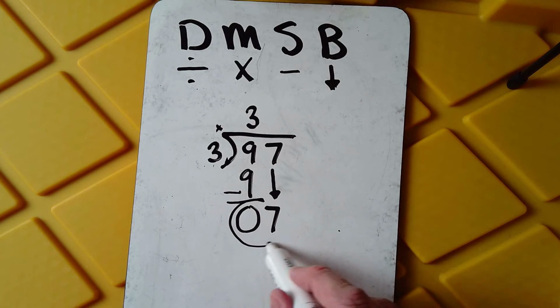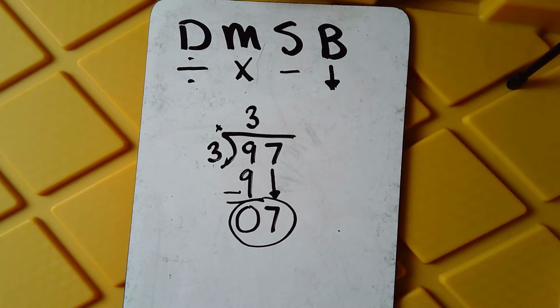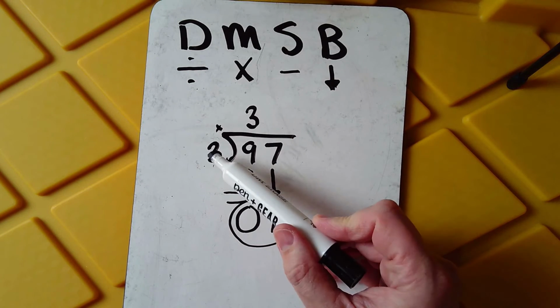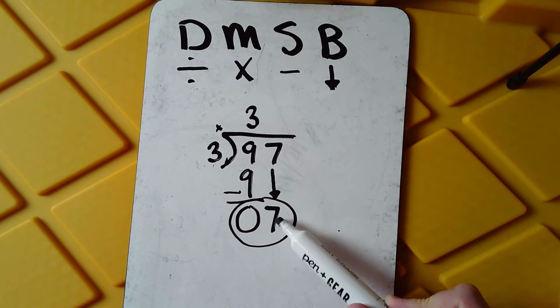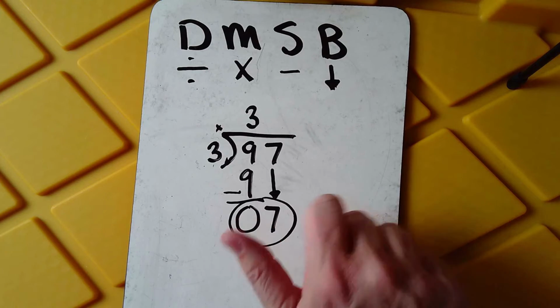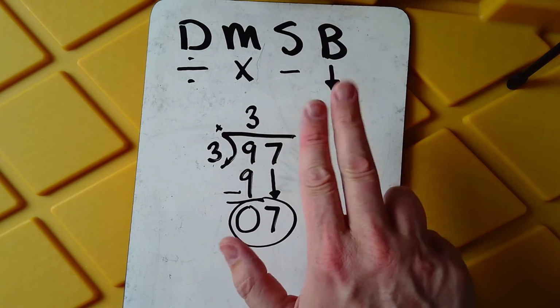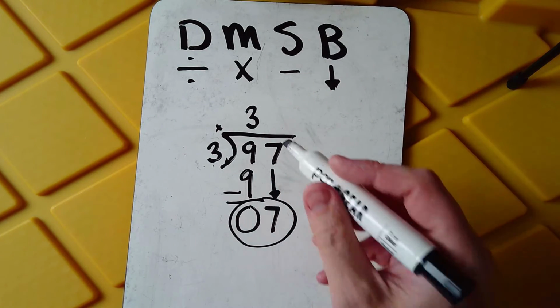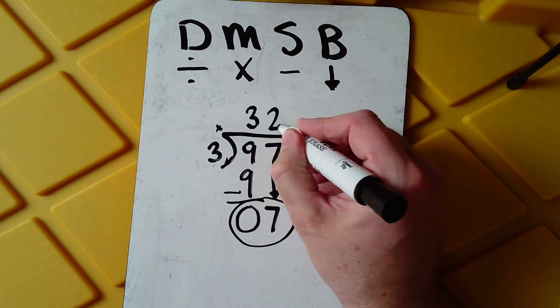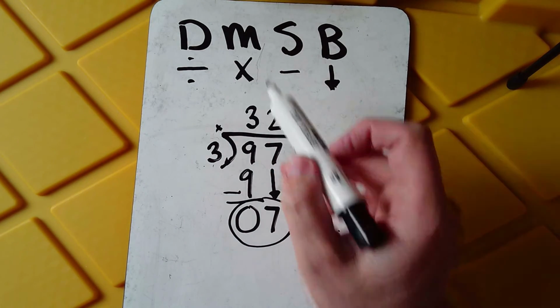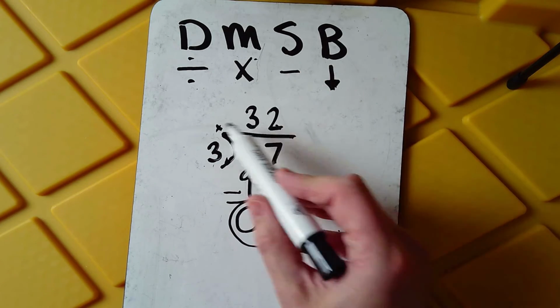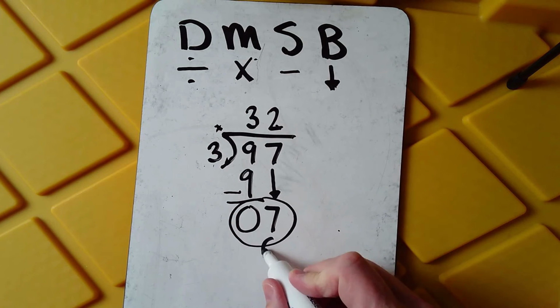So now this is where all the action's happening. How many 3s can I now fit into a 7 without going over? How many chunks of 3? 3, 6, 9. Oop, that's too many. 3, 6. So it looks like 2 chunks of 3. Put a 2 up there. And now I multiply. 2 times 3 got me 6.